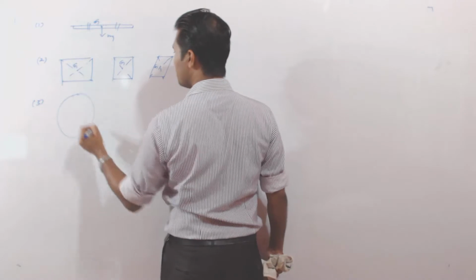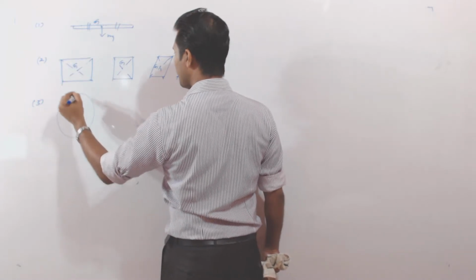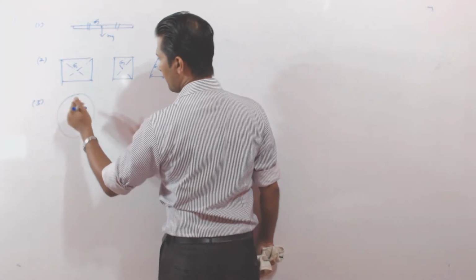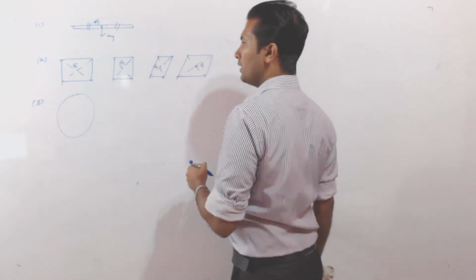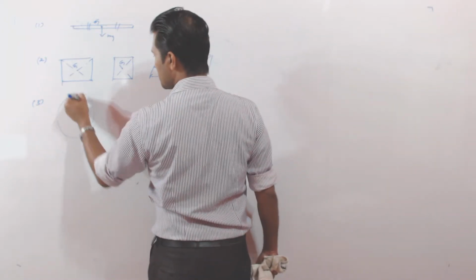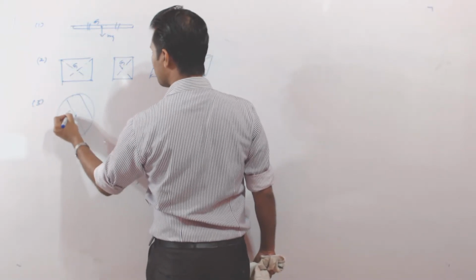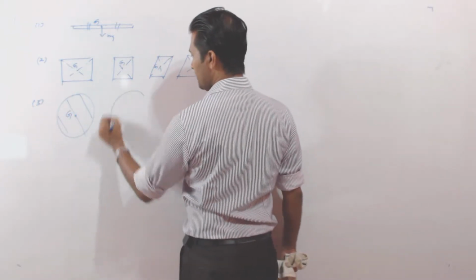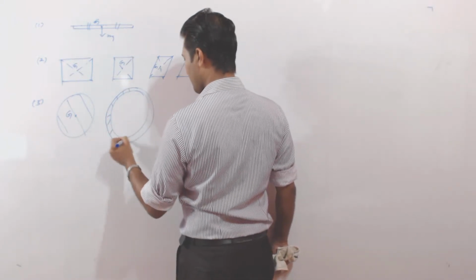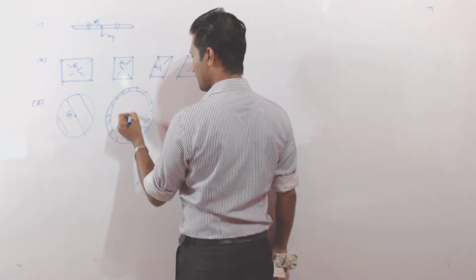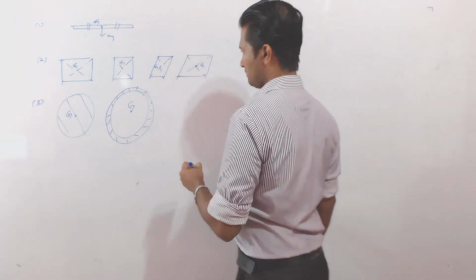As we considered previously, you can consider a circular plate. The center of gravity is at the center. Considering a ring, again the center.